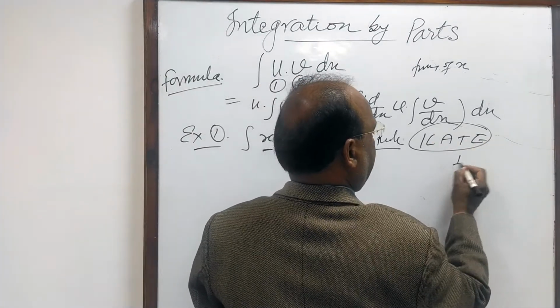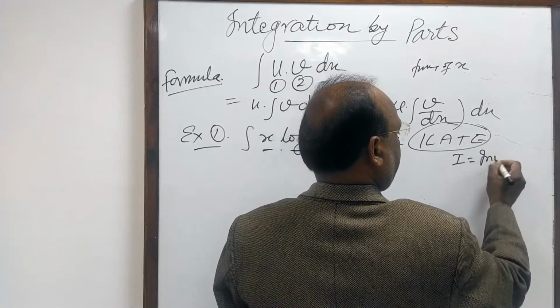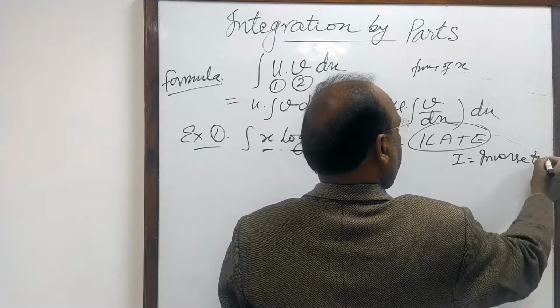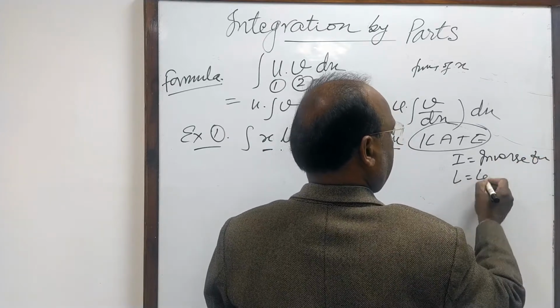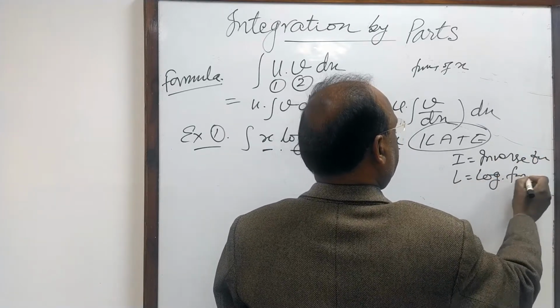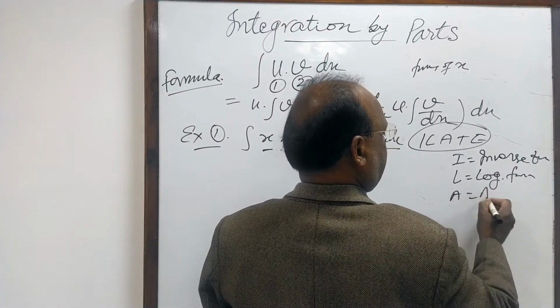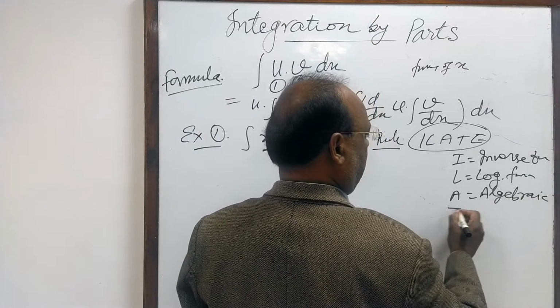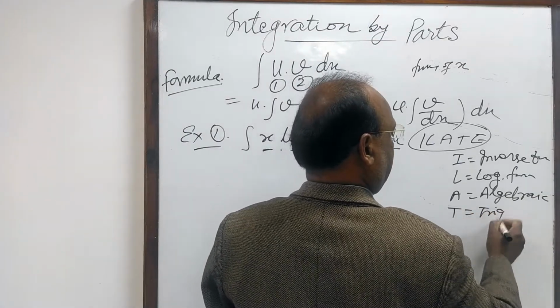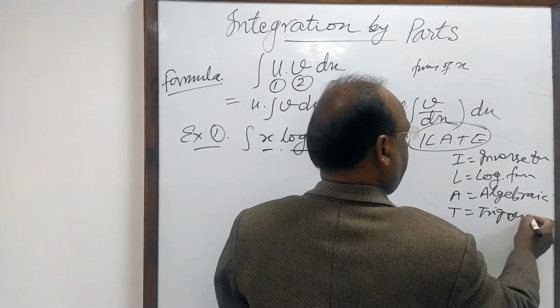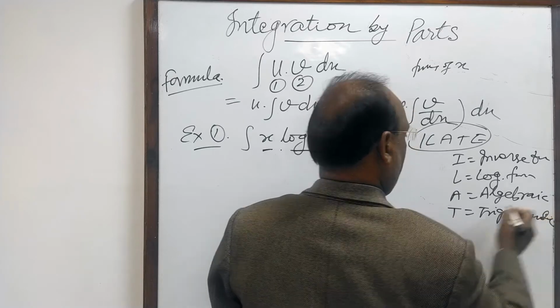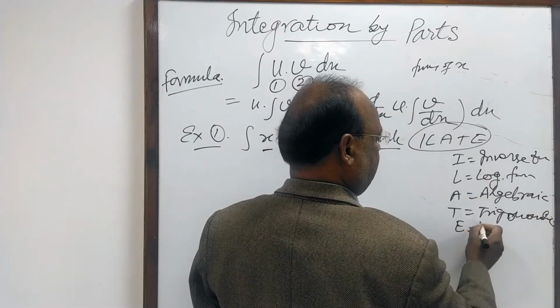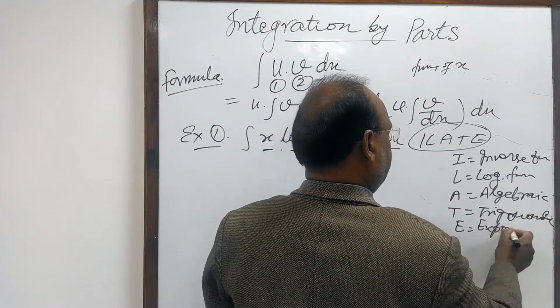Here I stands for inverse function, L is logarithmic function, A is algebraic function, T is trigonometric function, and E is exponential function.